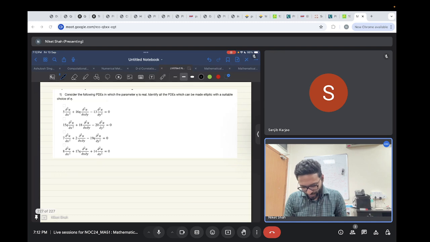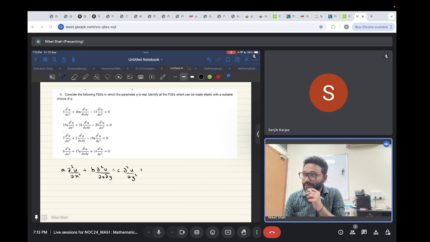Generally, a partial differential equation is denoted in this form: a del square u by del x square plus b del square u by del x del y plus c del square u by del y square plus d del u by del x plus e del u by del y plus f u is equal to g.